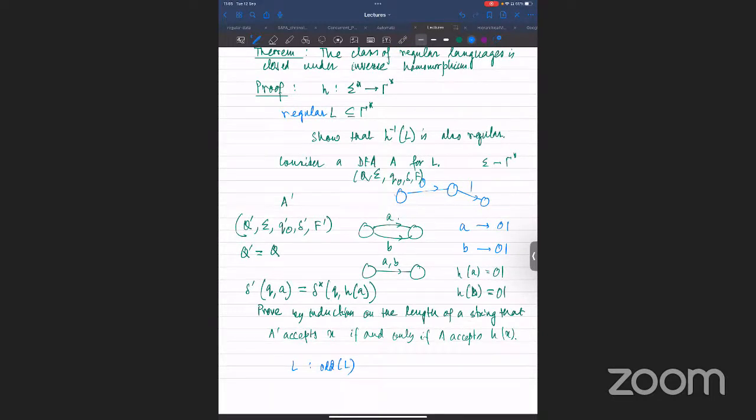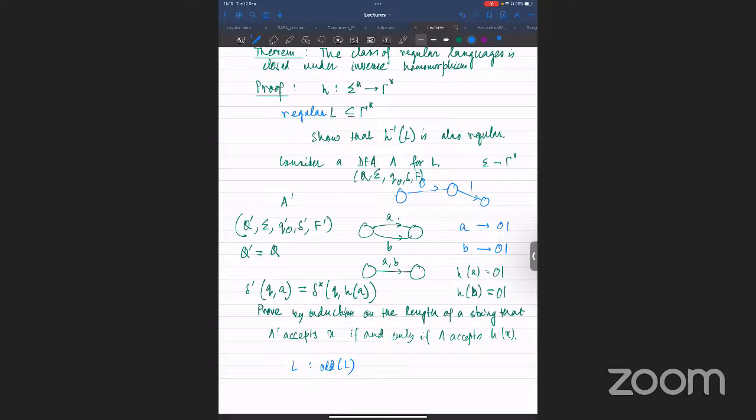So you should have the right intuition so that making this construction becomes a bread and butter thing, right?